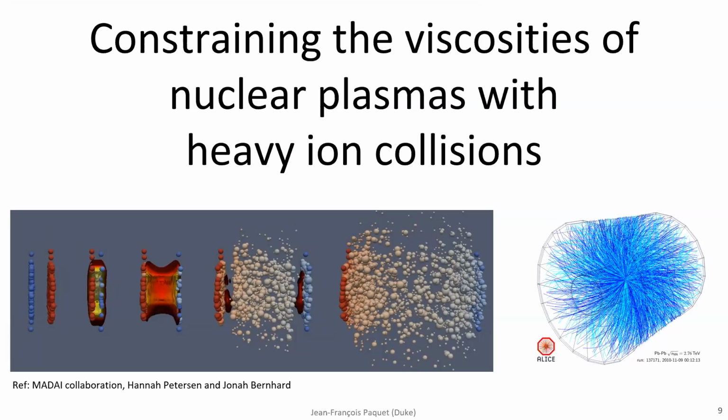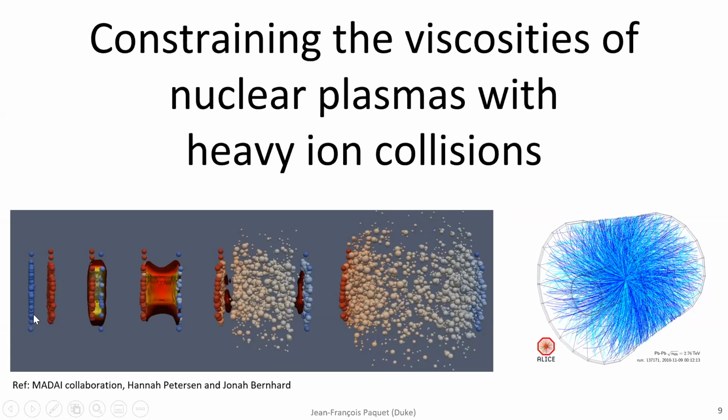So how do we constrain the viscosities using heavy ion collisions? This is a schematic description of a heavy ion collision, where you start with the nuclei, which are accelerated at extremely high energy. So you have ultra-relativistic heavy ion collisions, and the two nuclei collide.